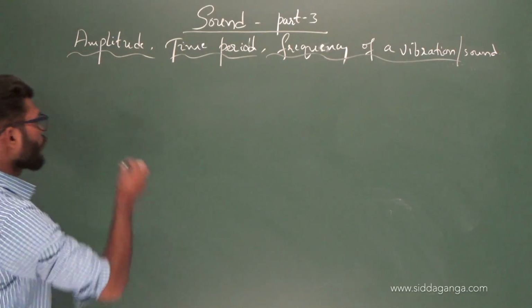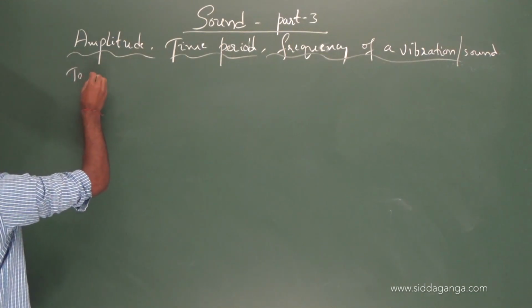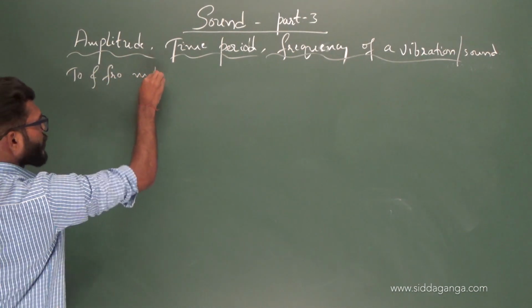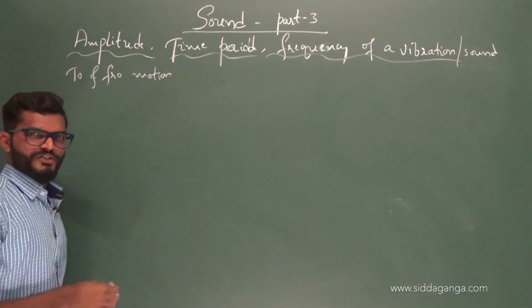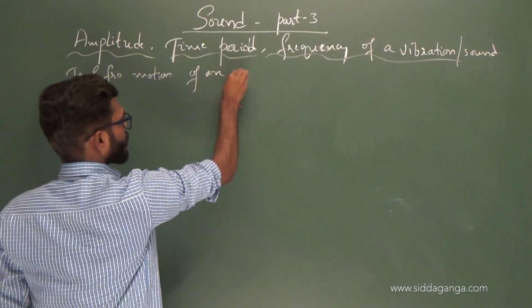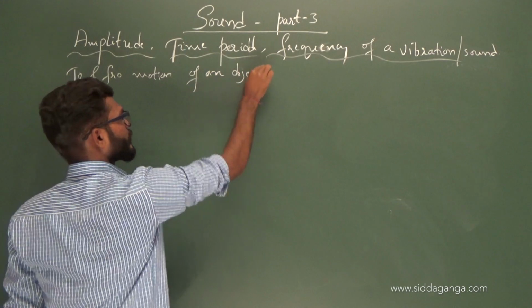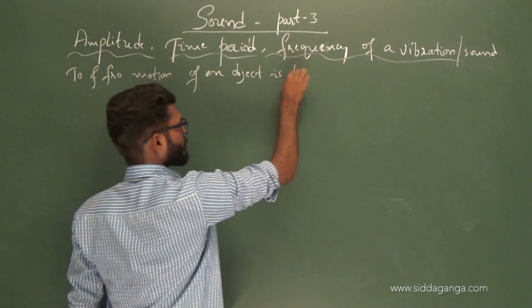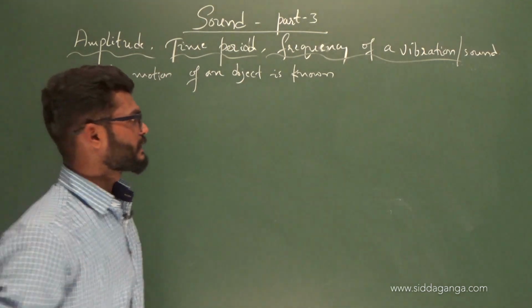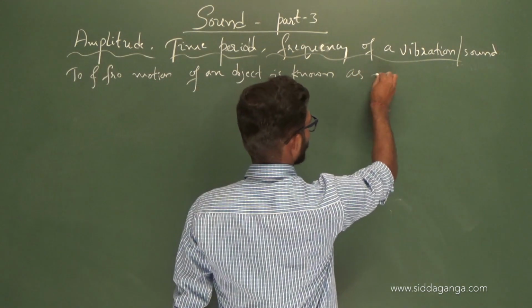We know that to and fro motion or back and forth motion of an object is known as vibration. What do we call it? We call it vibration.